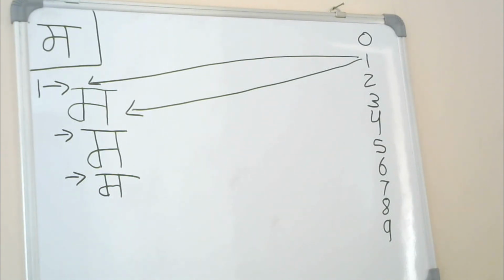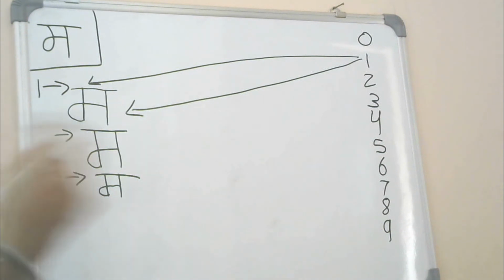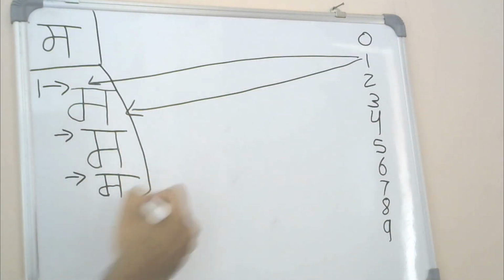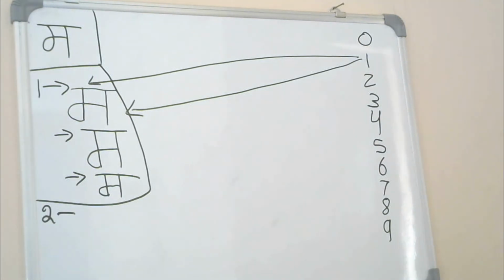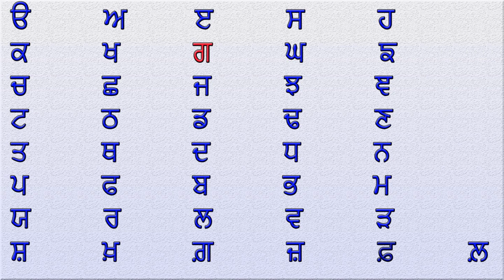Second step. What are the other letters that you're going to learn if you know this letter? You're going to learn the 8th letter. And then you're going to learn the 30th letter.